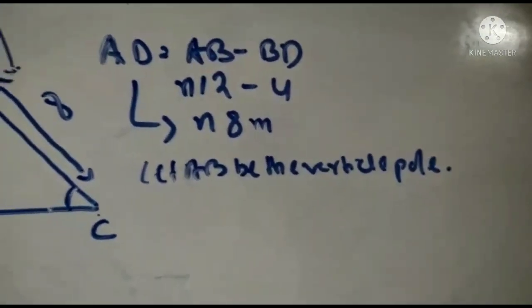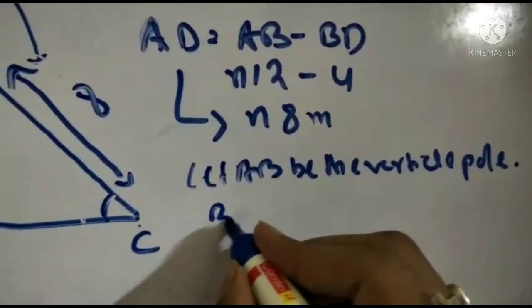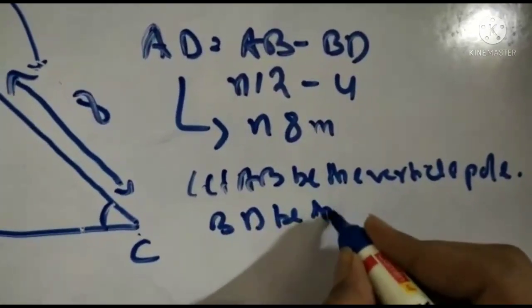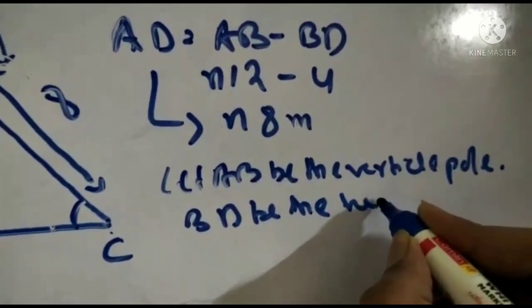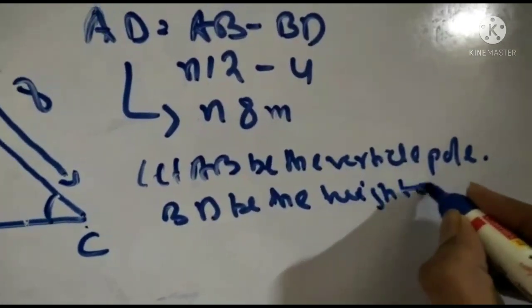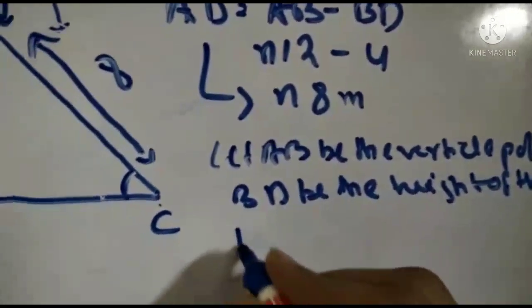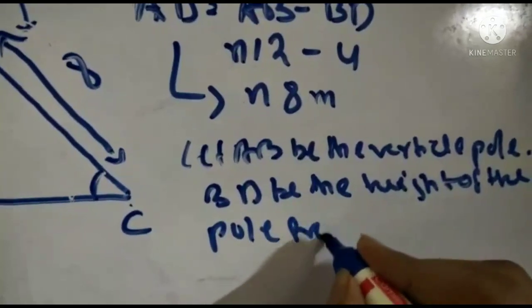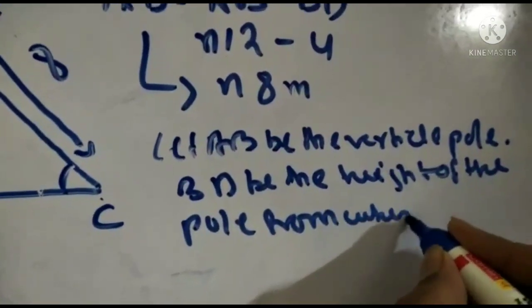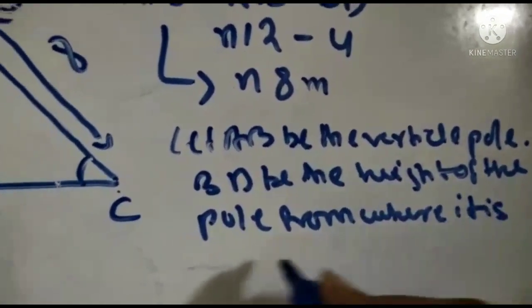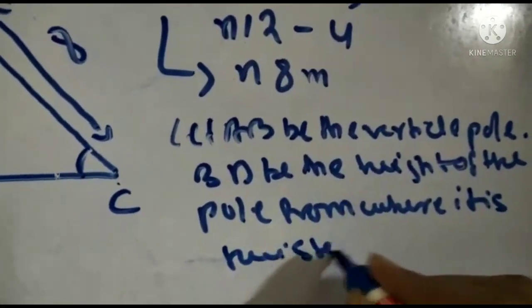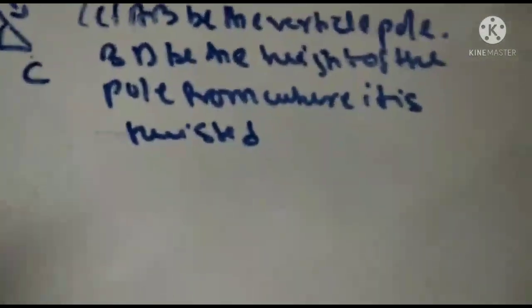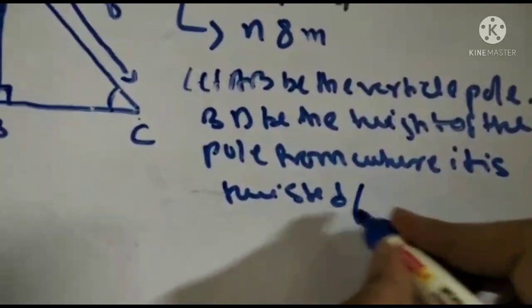Let AB be the vertical pole, BD be the height of the pole from where it is twisted. The twisted part, you can write, is CD.